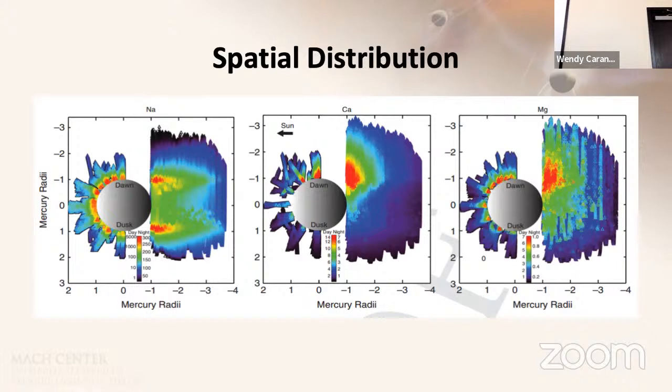This can be explained by some of the source processes that I mentioned earlier, but what Messenger also did, and I'll explain the plot here for a moment, is this is taken in the Mercury-Sun plane. So if you look at the sun, that points directly towards it in that plane.